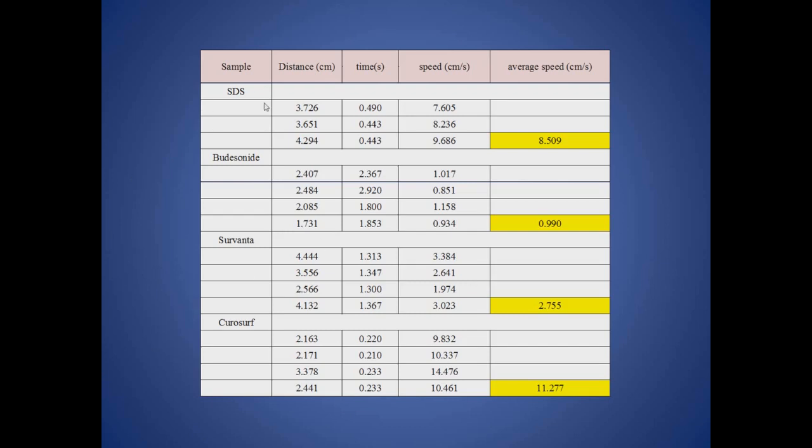SDS is a surfactant for industry use, and of course it is also much faster than budesonide, and much faster than Survanta, which is almost only a quarter of the speed of Curosurf. Therefore, based on this in vitro study, if you would like to use surfactant as a vehicle, Curosurf is probably the best choice. It is much faster.